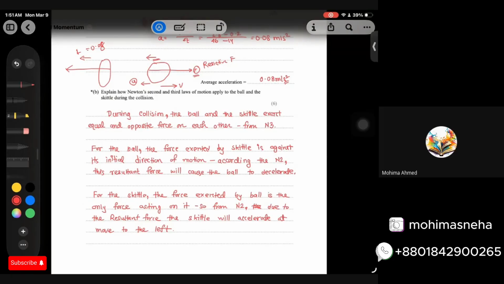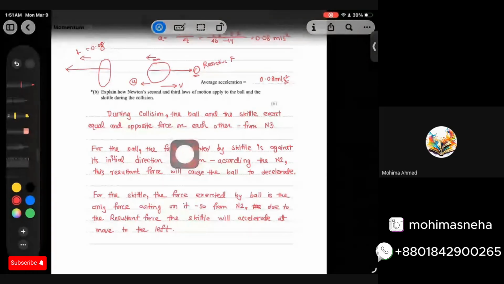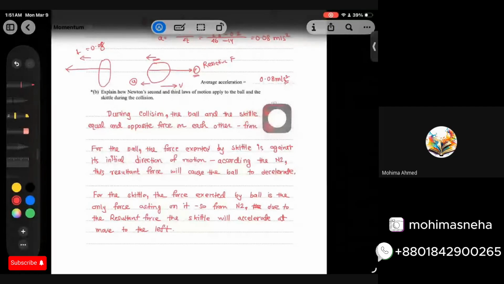Right. Okay. Another thing, for your star mark questions, I always create a scenario. Like, in one paragraph I'm only focusing on the ball. In another paragraph, I'm only focusing on the skittle. And it's connecting at the top. So this is how you create your star mark question. Some talk about at least two, three particles.